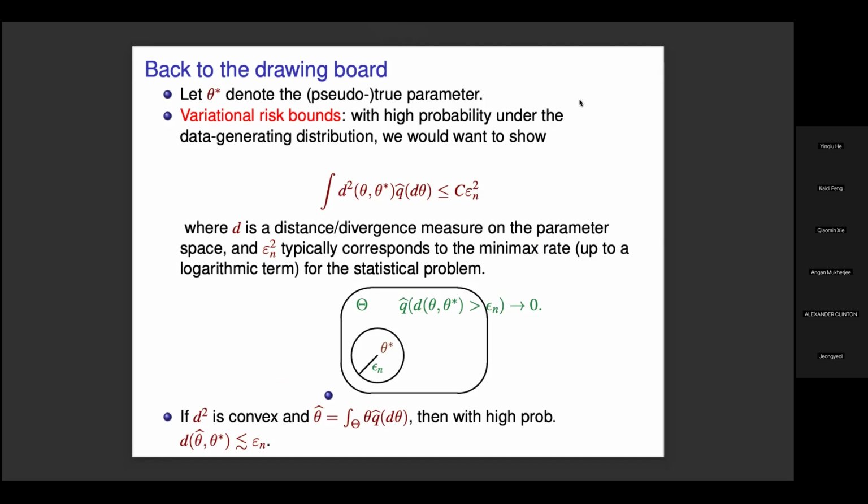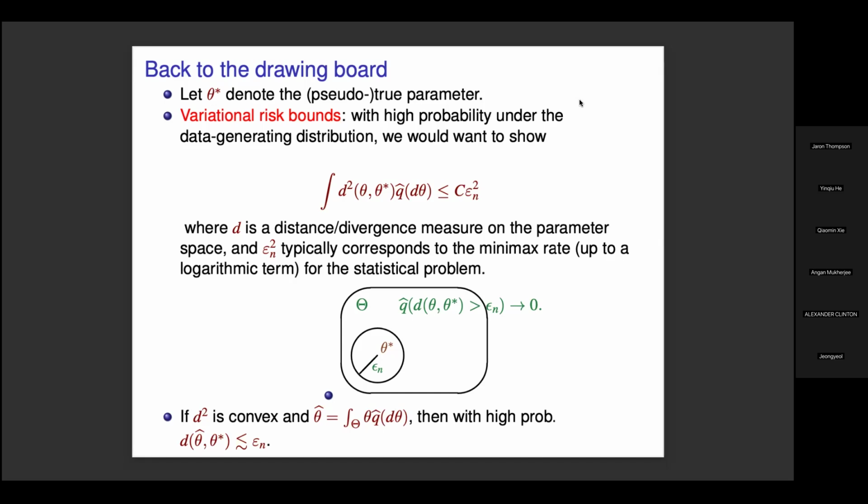So we'll start with the easy case where things are identifiable. We have a true data generating parameter theta star. Let's say we are interested in delivering risk bounds for the variational estimate, meaning that using a statistical distance d, we want to upper bound the risk associated with the variational estimate Q hat, and a standard benchmark to compare this risk against is the minimax rate for this particular problem.